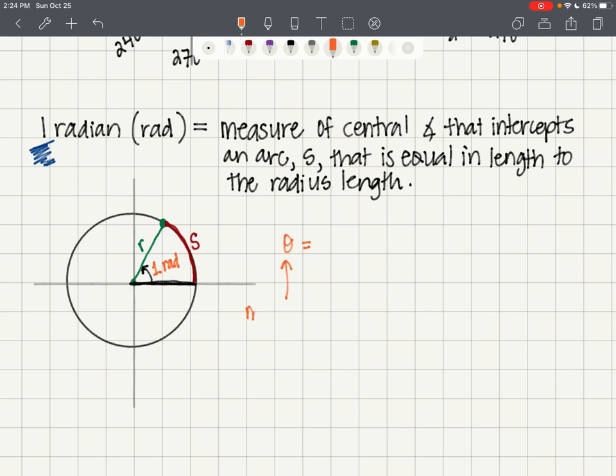So theta is the measure of the central angle in radians, not in degrees, in radians. And it's equal to a fraction.